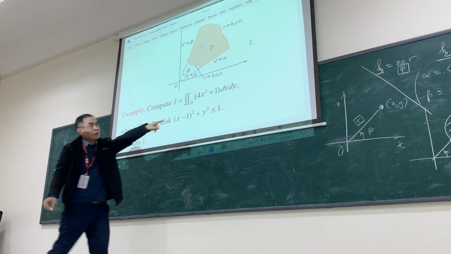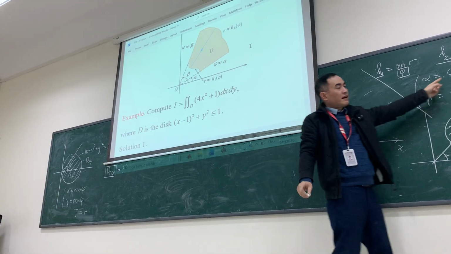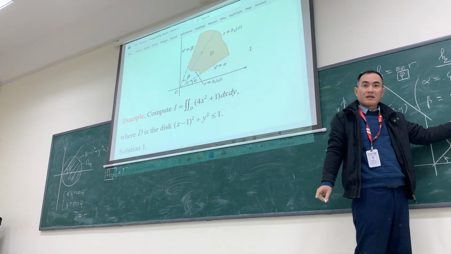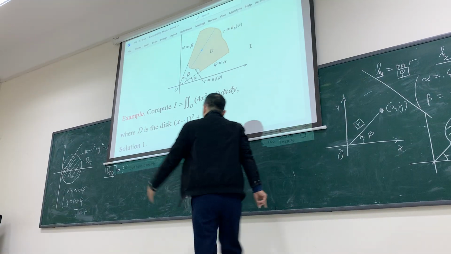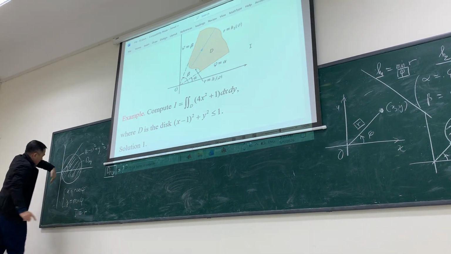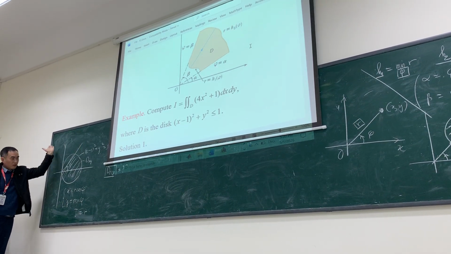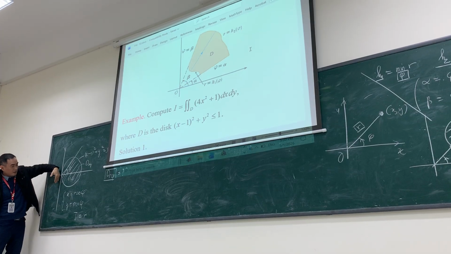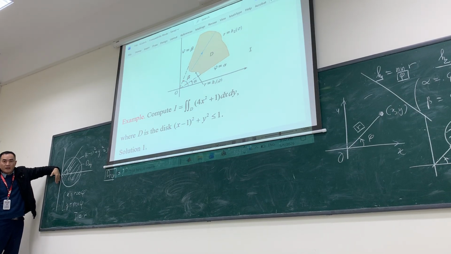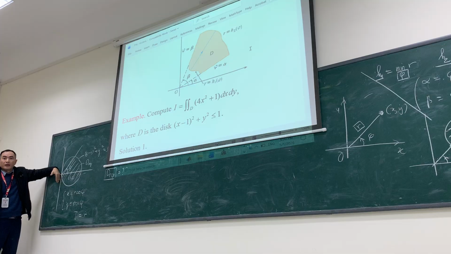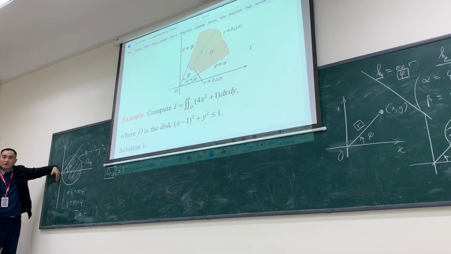Now I want to find phi min, counterclockwise. Okay, from here you can see phi min is equal to negative pi over 2.